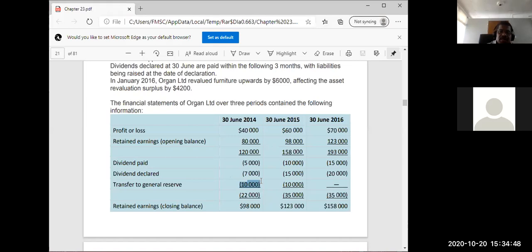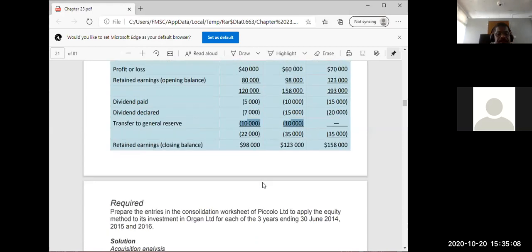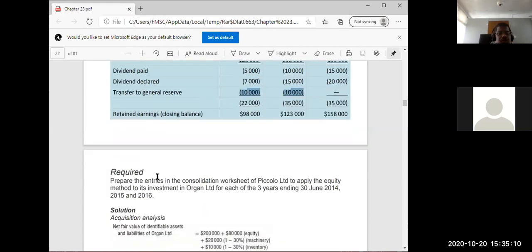You are just changing the figures of two respective reserves. You are not increasing the equity, you are not decreasing the equity, just transferring. So there is no impact when you account for equity if there is any transfer between the reserves. So coming back to the question, prepare the consolidation entries.